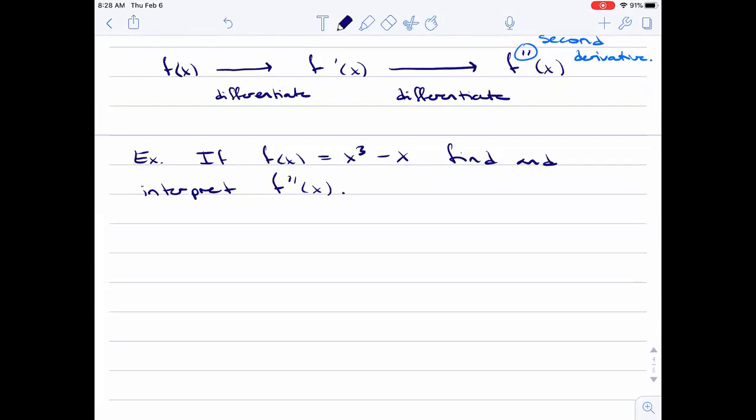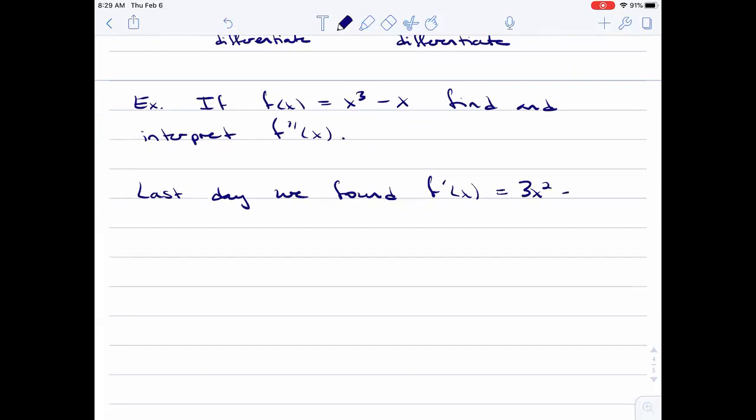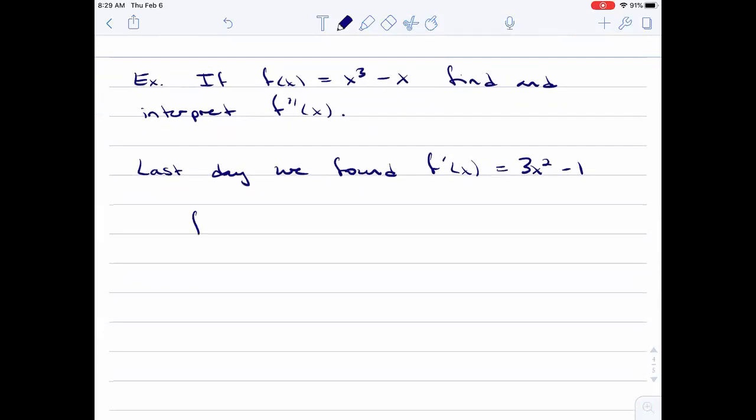Last day we found that f prime of x was 3x squared minus 1. So now, if we want to find f double prime of x, that's the derivative of f prime of x, the derivative of that.